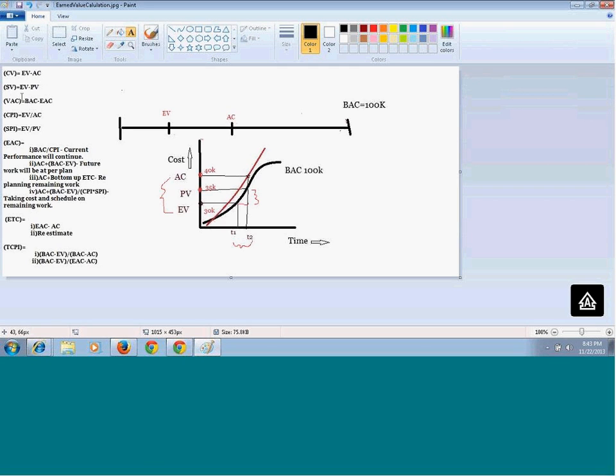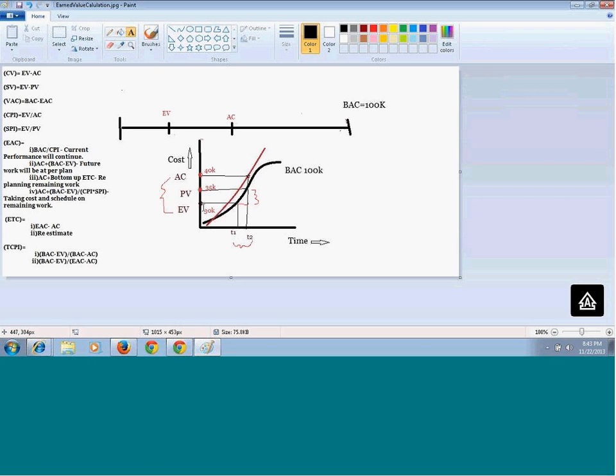Now schedule variance. This is actually converted to your cost. By cost you will just denote it. Schedule variance tells you whether your project is on schedule or behind schedule, but you will always calculate it by cost. So what is your schedule variance in this case?